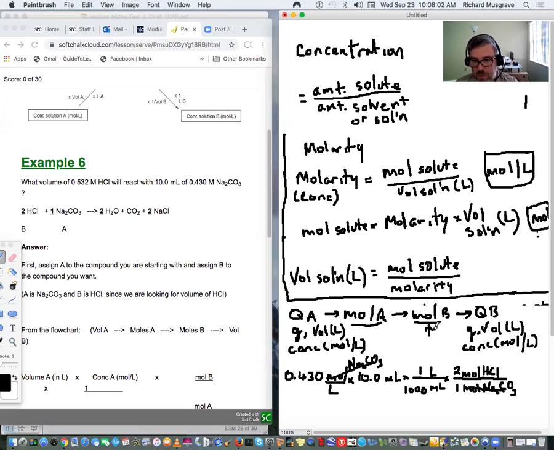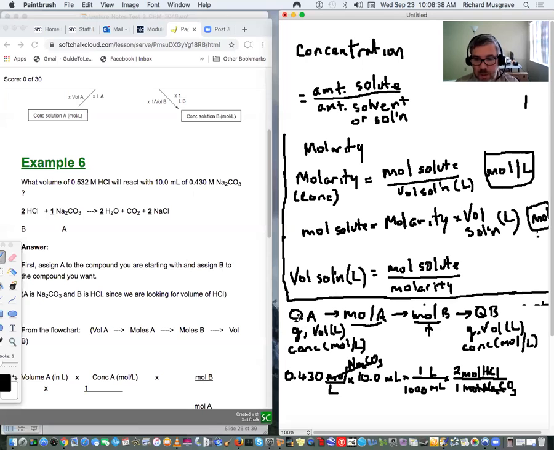We're at moles of B, which is moles of HCl. I'm going to stop here for a second. Does anybody have any questions? So you're trying to find the molarity of each of the solutions. What are you doing exactly? Well, I'm looking for a volume of HCl. What I'm trying to do here is start with a volume and a molarity of Na2CO3. I'm using the reaction here as well.